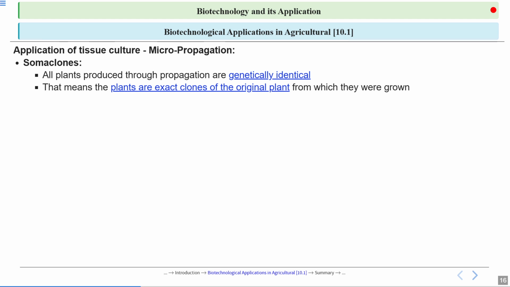That means the plants are exact clones of the original from which they were grown. They are the exact replica of that original plant, and they will resemble their parent plant totally. That's why they are called soma clones, clones of somatic cells.